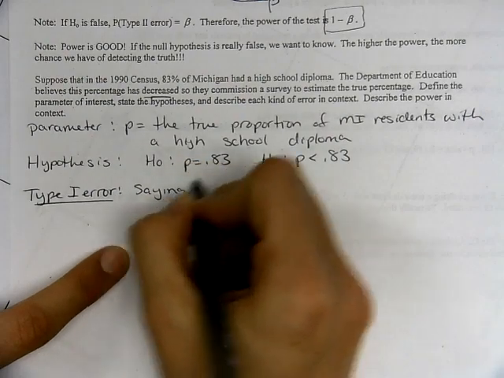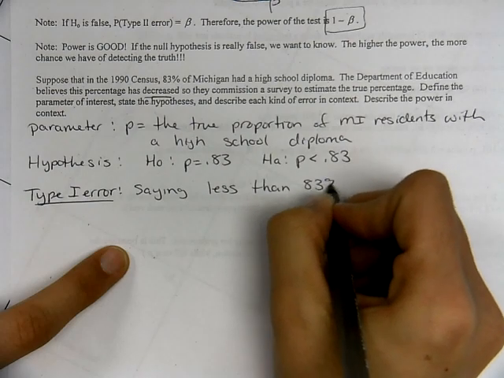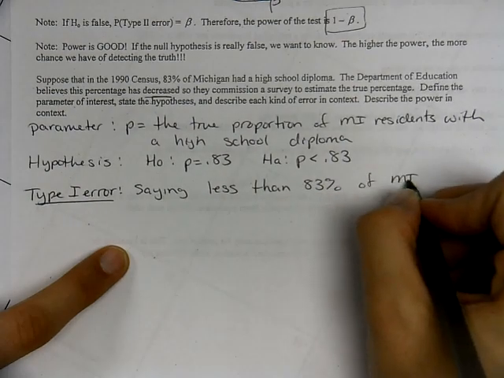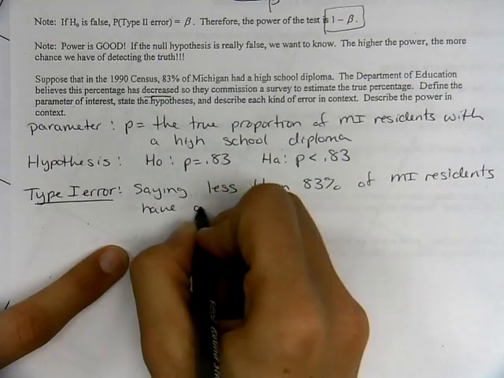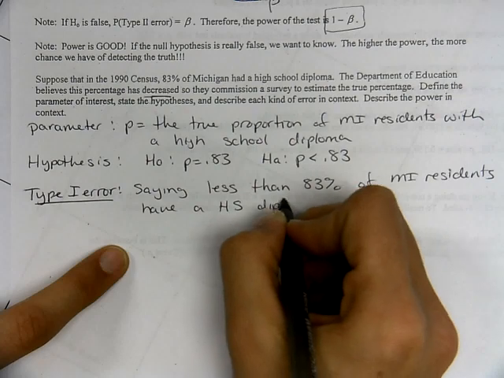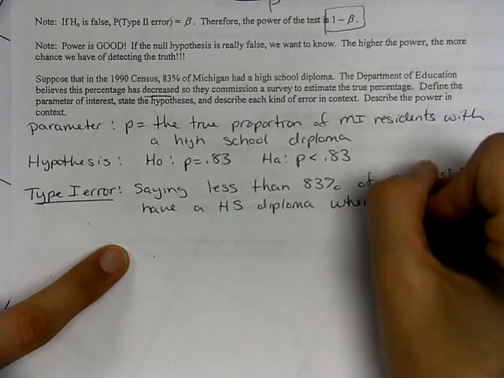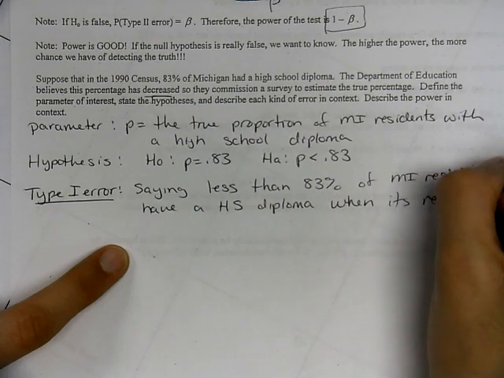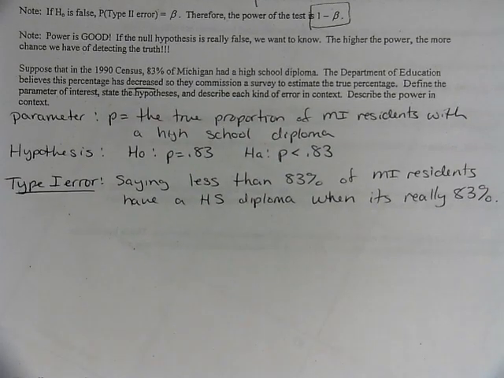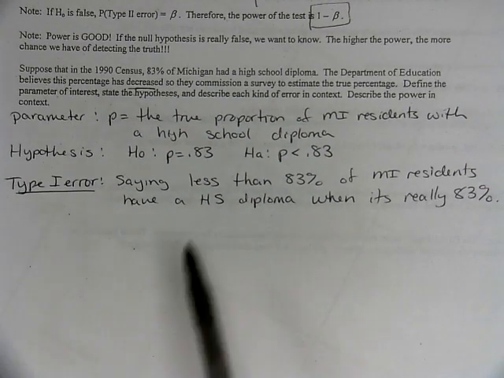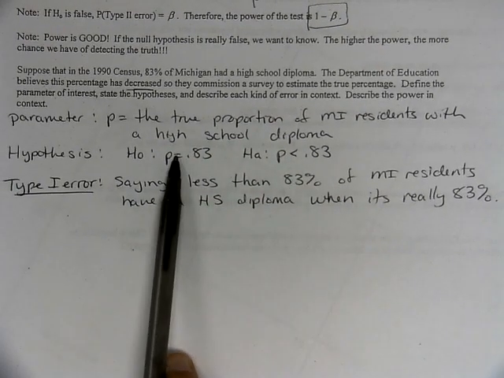So saying less than 83% of Michigan residents have a high school diploma when it's really 83%. Rejecting this, but when this is true. So you're saying this, but this is what's the actual.